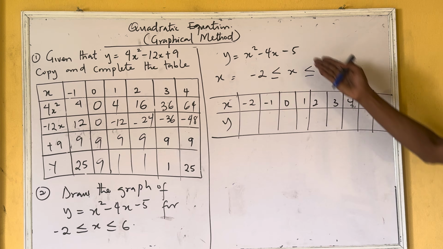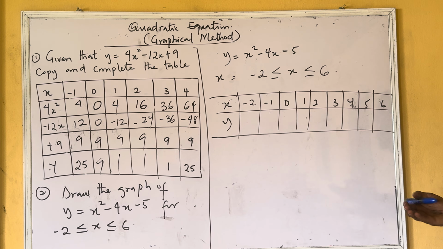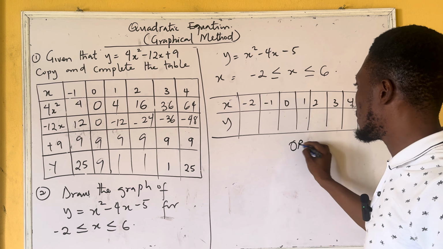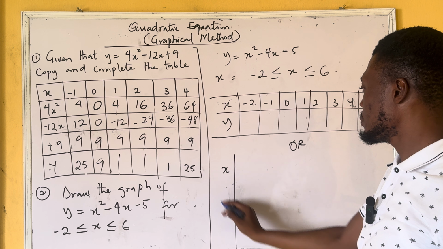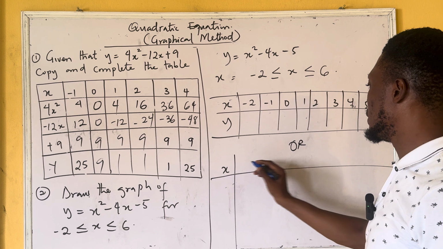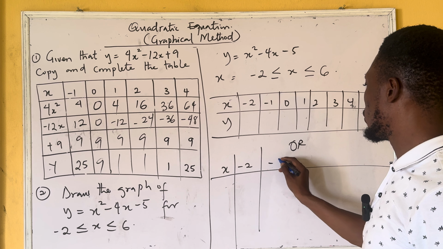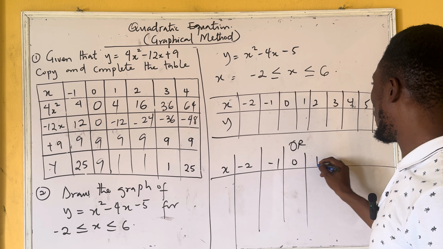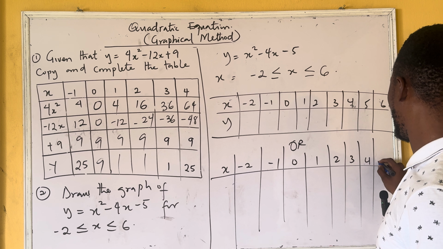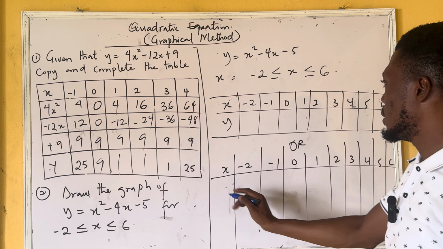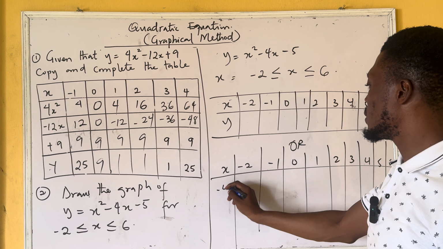So I can then solve using this equation. Or better still, I can say that using this method, I put my x value here, since I know the range already: minus 2, minus 1, 0, 1, 2, 3, 4, 5, and 6. Then I have minus 4x here.